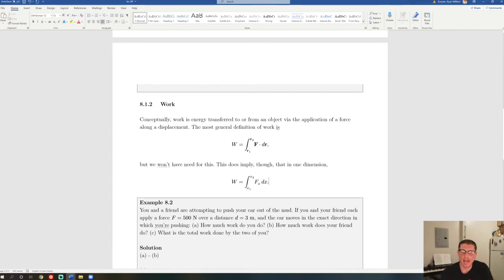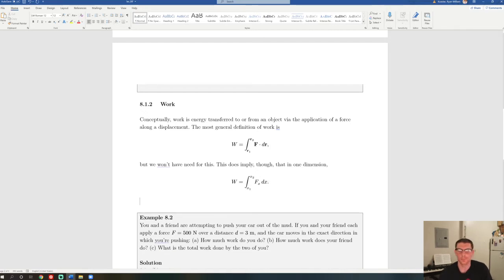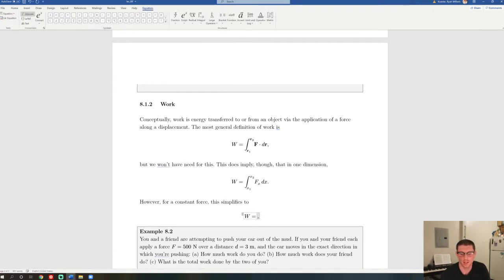But let's look at the definition for a constant force, because this is the one we're going to use a lot. However, for a constant force, this simplifies to, and it just becomes a dot product.